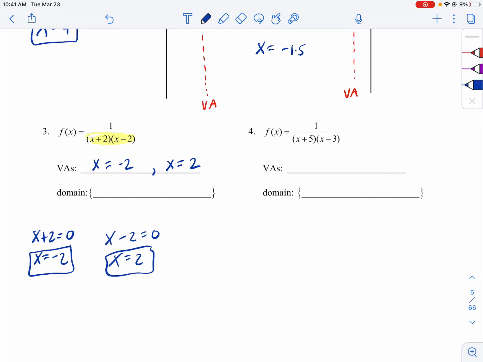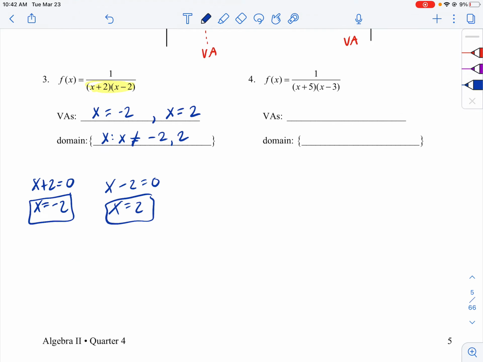For my domain restriction, you can just write that one with a comma in between. That's fine. Technically, what this means is that your set of inputs can be any number except negative 2 and a positive 2.